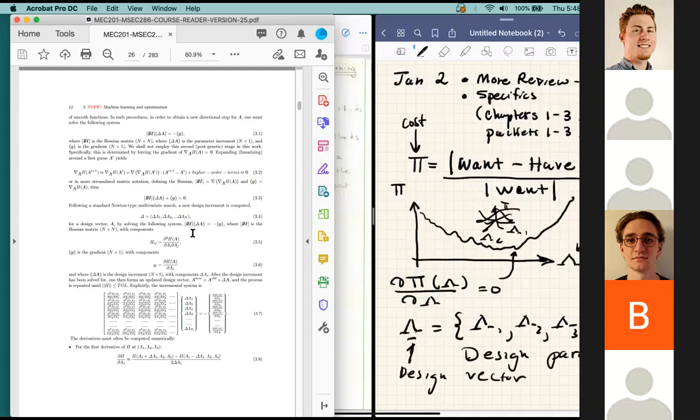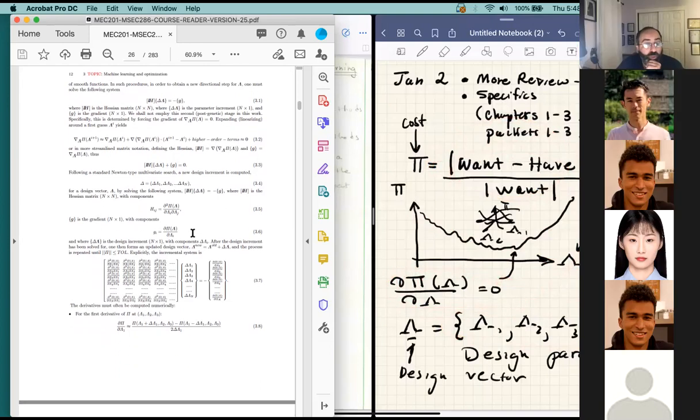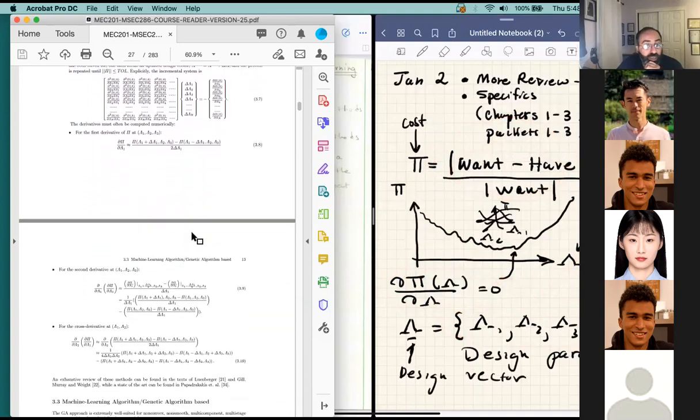So that's the basic idea here, that we want to figure out what the optimal choices are of these parameters, so that when we stick them into this function, we get as close as possible to want minus have divided by want equals 0. Second best, of course, which is all we can assume, is that we want the gradient to be equal to 0.